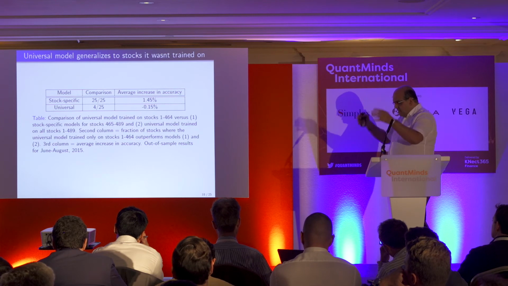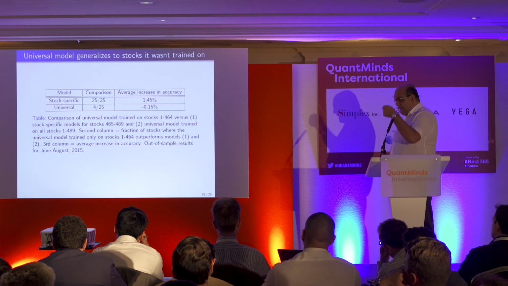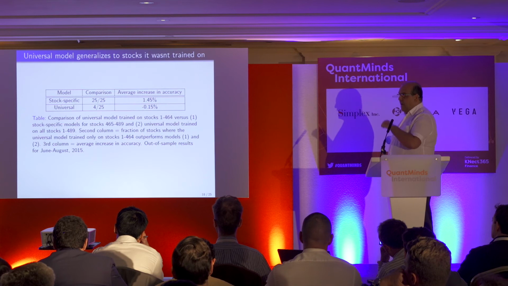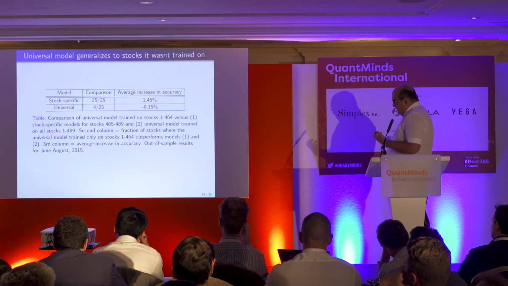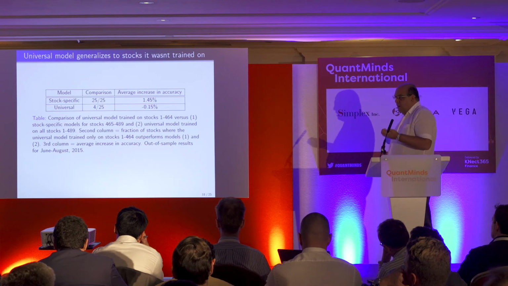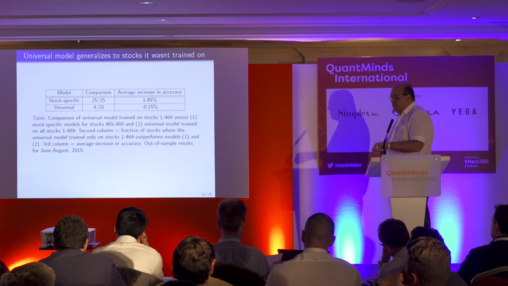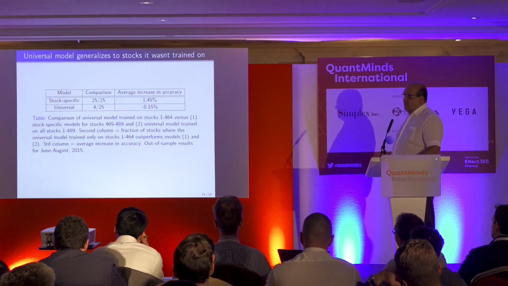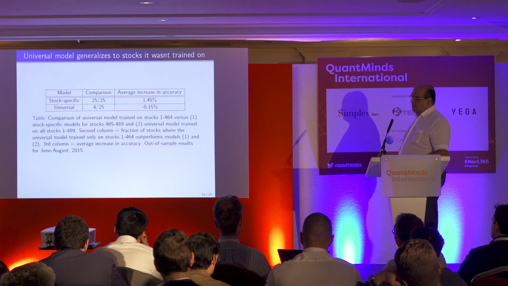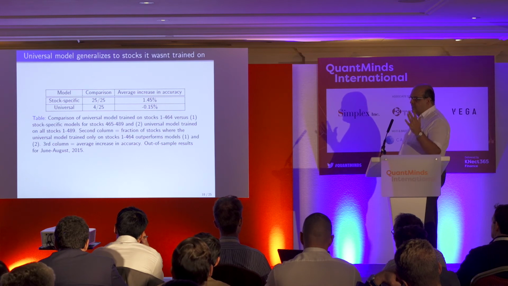And then we test it against a stock-specific model, and the stock is included in the first half. So what we show here is that it's not relevant whether the stock you're trying to test on is part of the training sample or not. It doesn't matter, because you're learning the same thing from all stocks. The only thing that matters is the size of your sample. That's it.